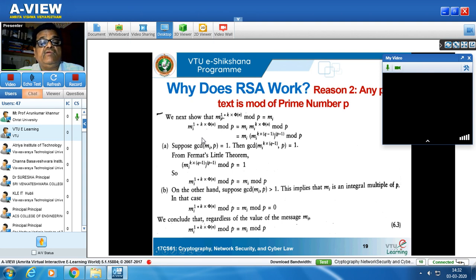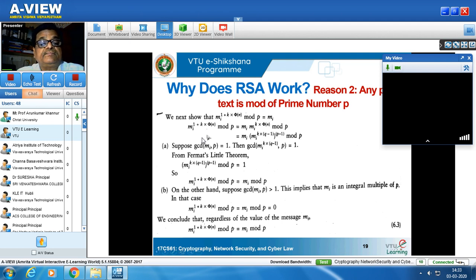In reason 1, we have shown that this can be represented as mi raised to 1 plus k into Euler's phi function of n, mod P. P is a prime number. When you carry out, then we have to get the value of mi.